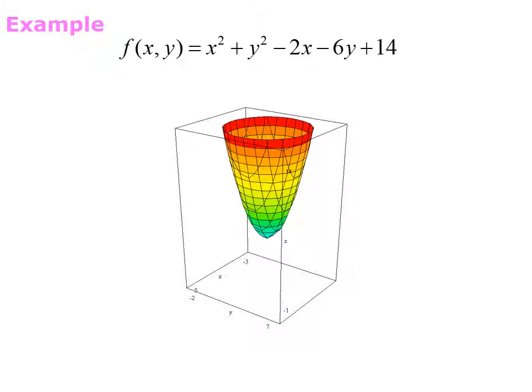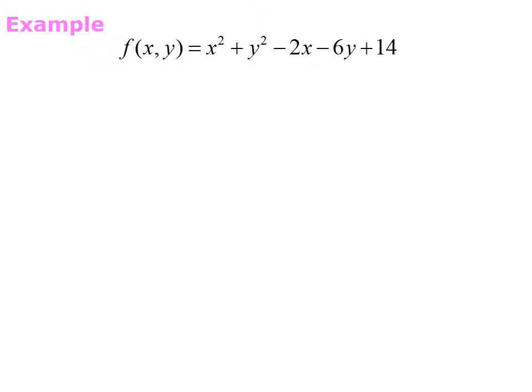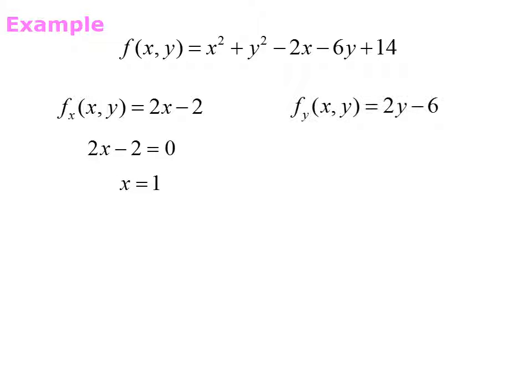So let's see how those ideas play out with this function. I've drawn the graph of it simply for you to see that this particular function does indeed appear to have a minimum value. So we'll take the partial of x, set it equal to 0. We'll take the partial of y, set it equal to 0.